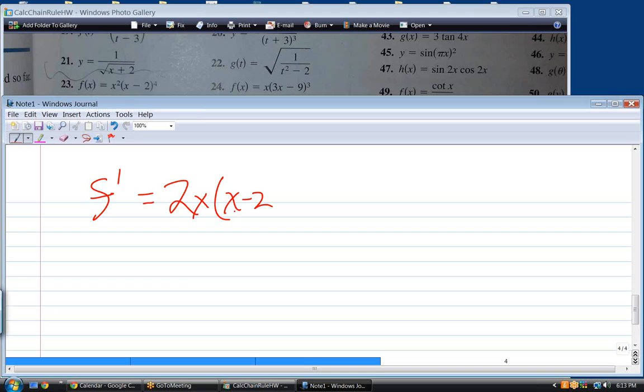The way I say that is the quantity x minus 2 to the 4th. And that way you don't have to write begin paren, end paren. Okay, that's 2x times the quantity x minus 2 to the 4th. Okay, what's the rest of it? And then plus 4x squared, and then quantity of x minus 2 cubed.